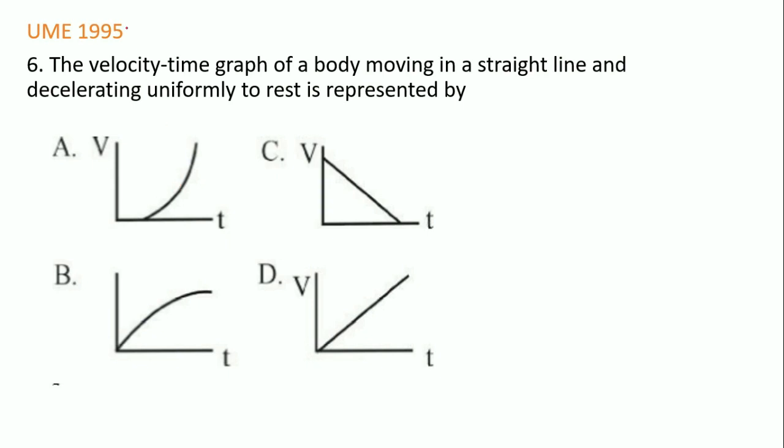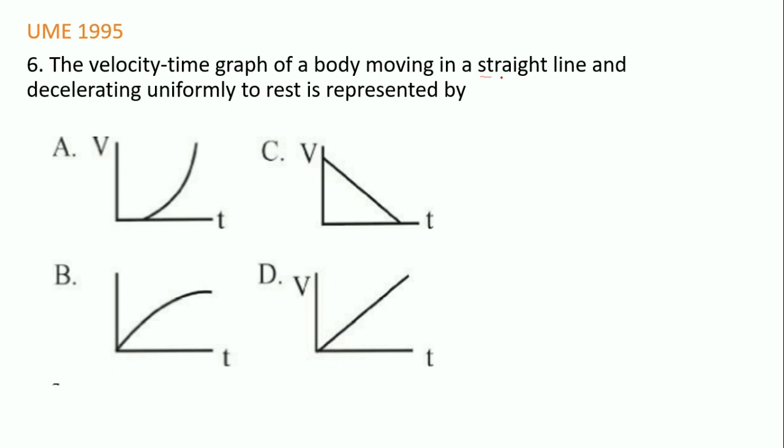And UTME 1995 question number 6. The velocity time graph of a body moving in a straight line and decelerating uniformly to rest is represented by, now, a body moving in a straight line. Remember that if you look at the thumbnail of this video, it's linear motion, kinematics. Now we're talking about linear motion.